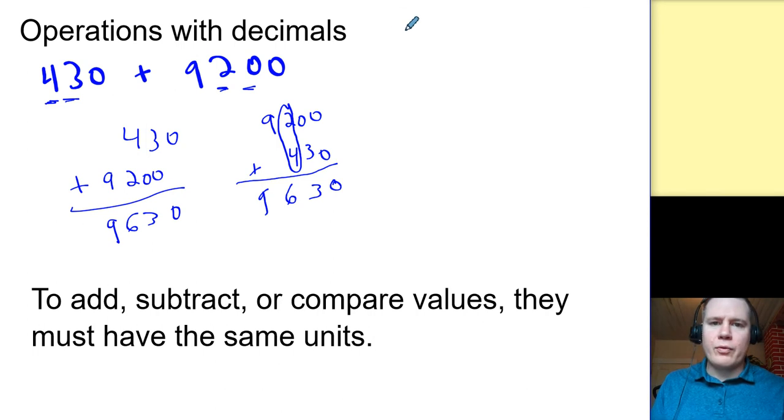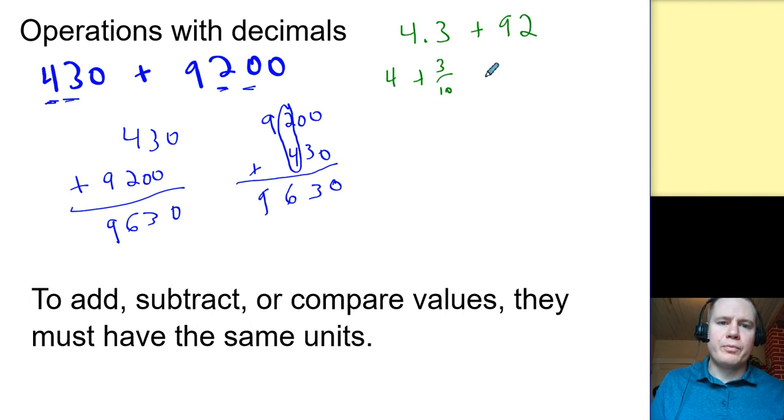Let's say I have 4.3 plus 92. All right, well, 4.3 means 4 ones and 3 tenths. 92, I can write that here, 4 ones and 3 tenths, 4 and 3 tenths, the official name for that number. 92 means I have 9 tens and 2 ones.